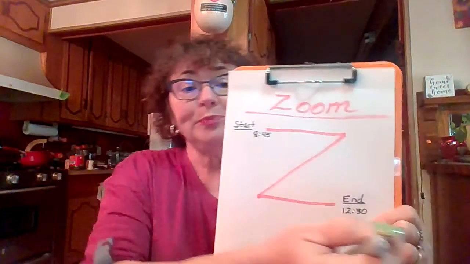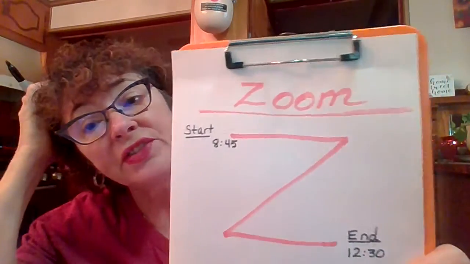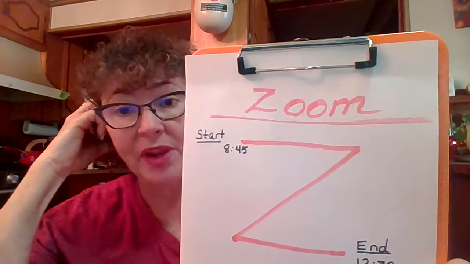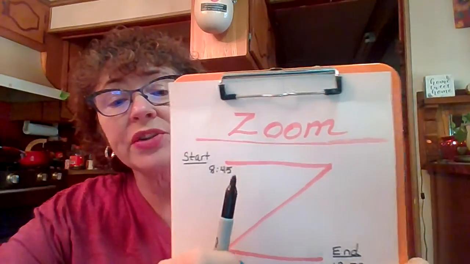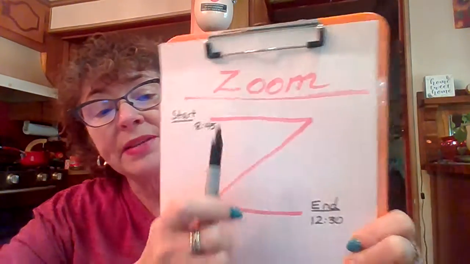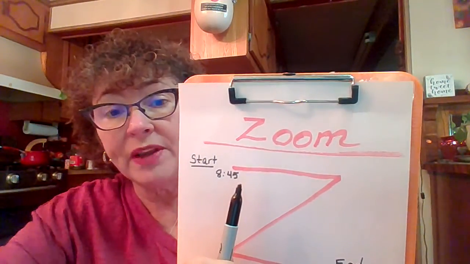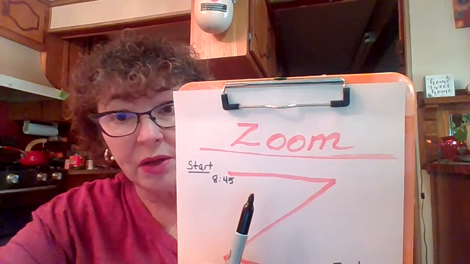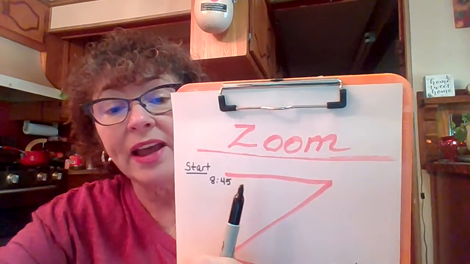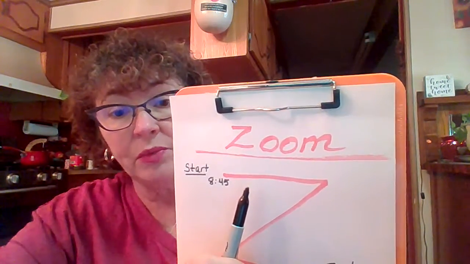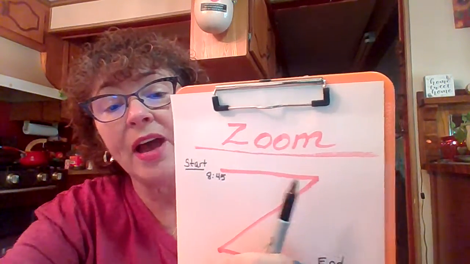Okay, this method is called the Zoom method. We're going to start right here, makes a big Z. We're going to start right here with 8:45, and we want to get to the nearest hour.